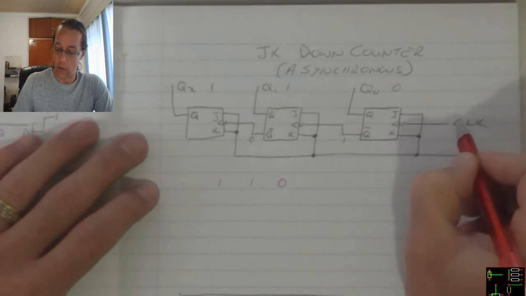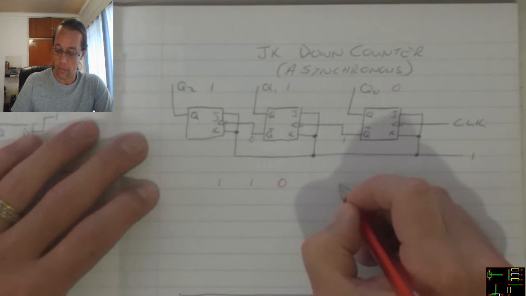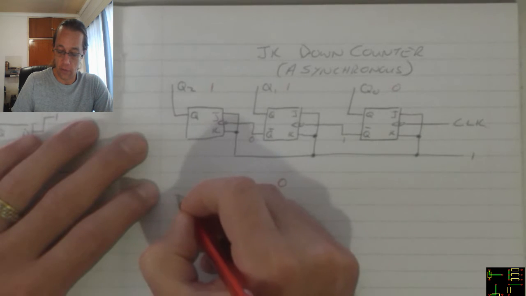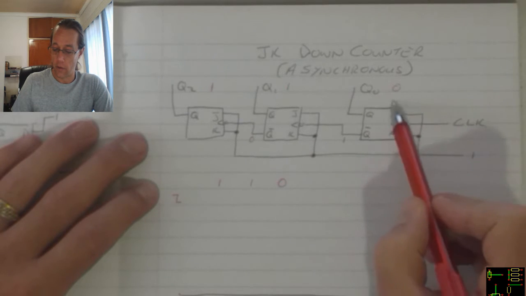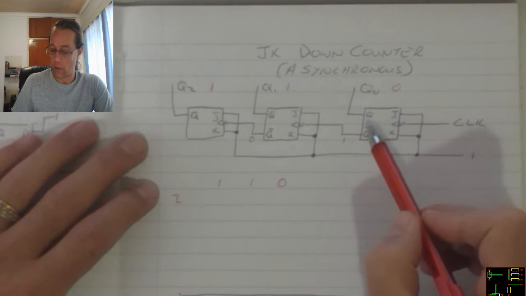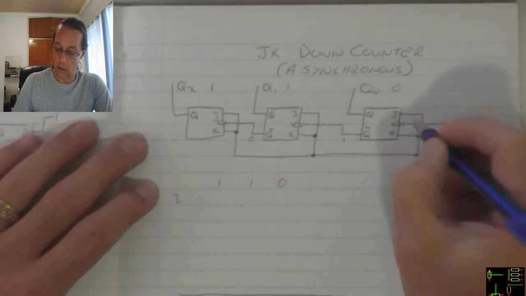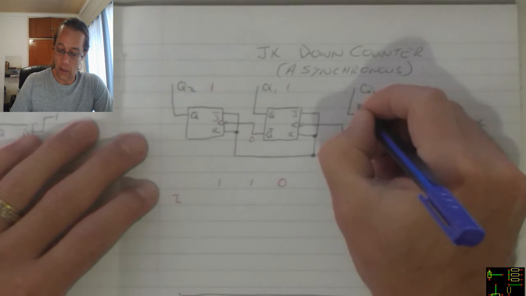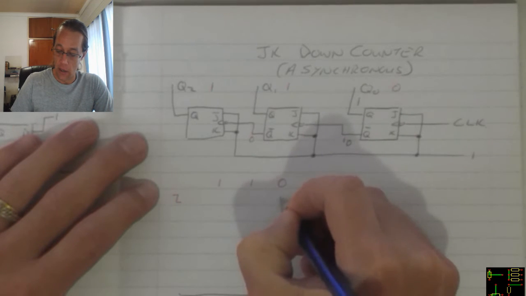With a 1, 1 there, when it receives the clock pulse, when it receives the falling edge trigger, this first flip-flop is going to flip, which in turn is going to turn this Q into a 1 and the NOT Q into a 0.